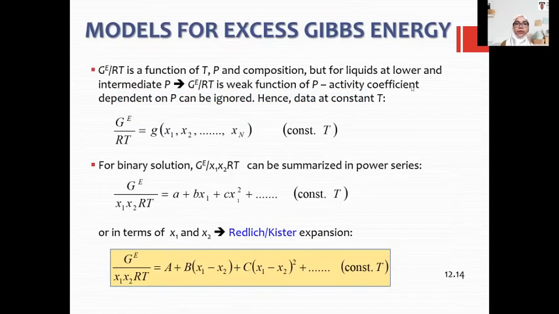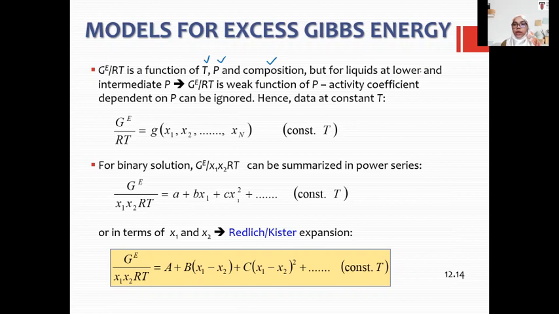Next we move to the model of Gibbs energy. Since from the previous VLE data we can obtain the linear line, excess Gibbs energy can be determined by creating another model from that correlation. GE over RT is a function of temperature, pressure, and composition.